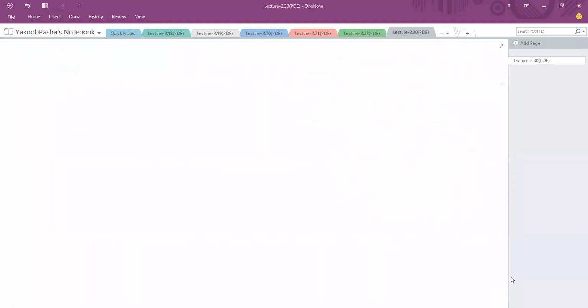I'm taking another, very interesting problem from CSIR NET 2011.